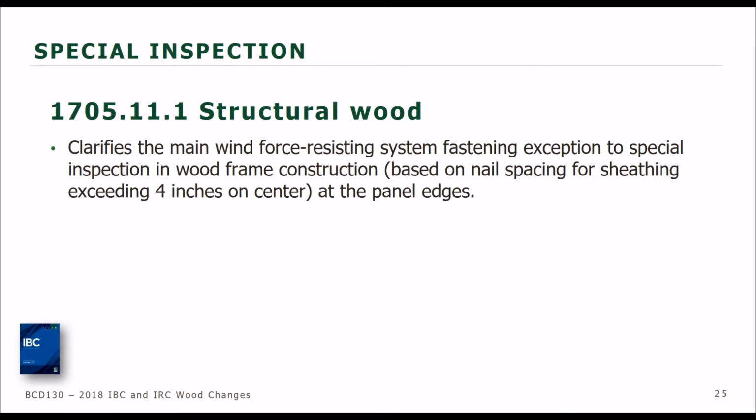And this includes shear walls, wood diaphragms, etc. There's an exception to requiring special inspection that has been clarified in that it's based on a specified fastener spacing at the panel edges of more than 4 inches on center. So in other words, special inspection is not required if you have spacing greater than 4 inches on center.